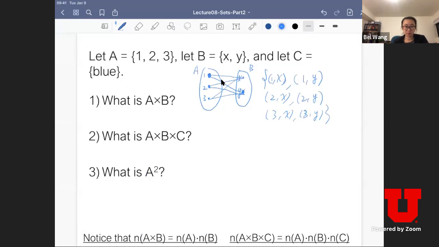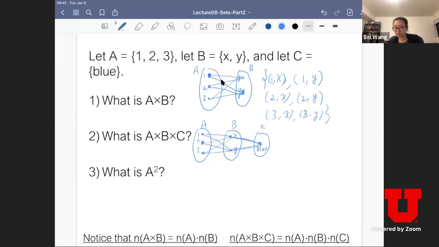Now we want to do A, B, and C. We can use exactly the same mental picture. I have 1, 2, 3 from A, X, Y from B, and I have just the color blue in C. Again, I can choose 1 goes to X, goes to blue. 2 goes to X, goes to blue. 3 goes to X, goes to blue. 1 goes to Y, goes to blue, and so on for 2 and 3.